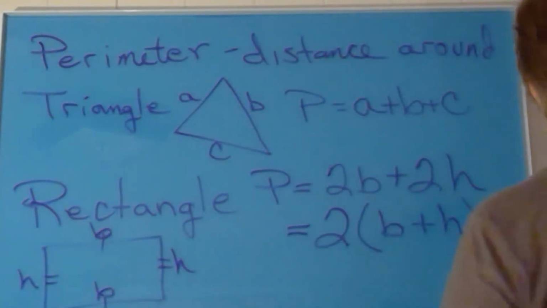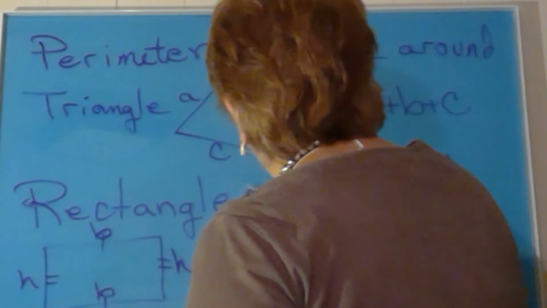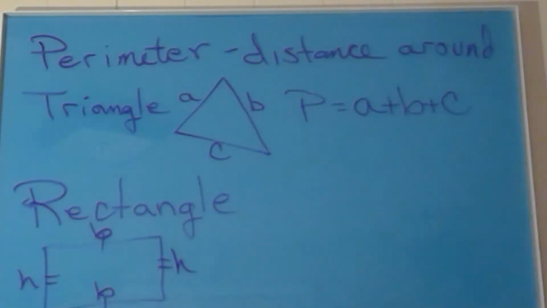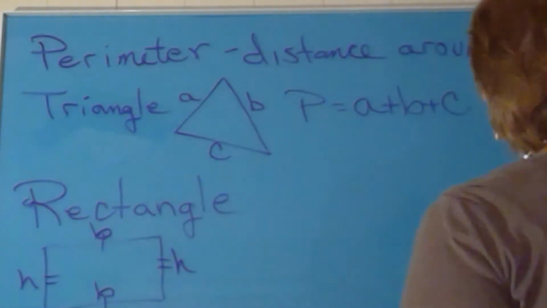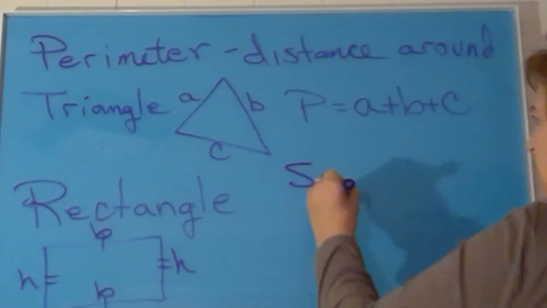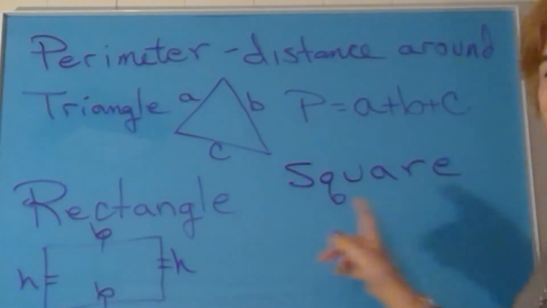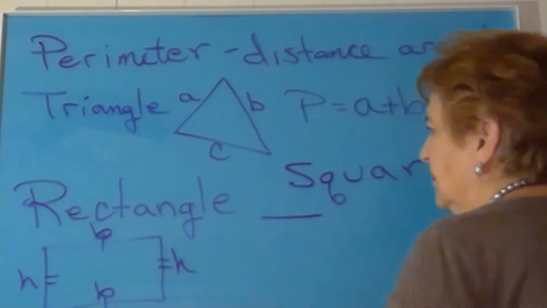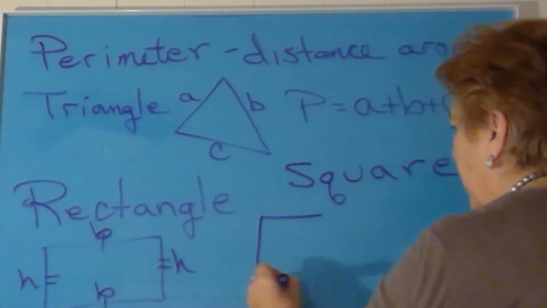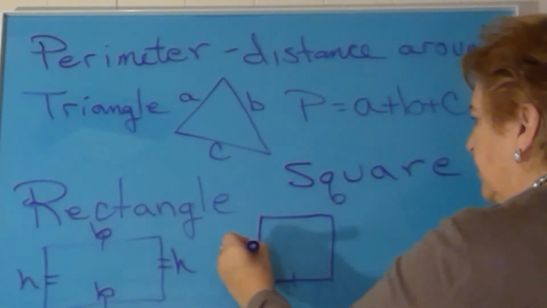I'm going to try to fit a little bit more on here. And that is, what if we have a square? Well, a square is a rectangle. However, what we do know about a square is that it has 4 equal sides.